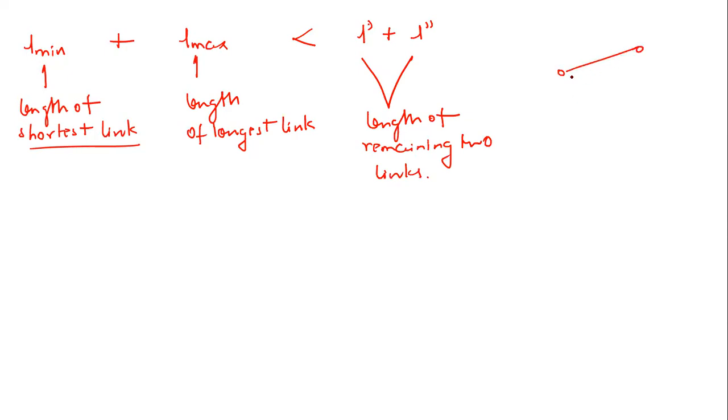You can very easily see here, let's say this is your situation. This is your shortest link L min, and this is your longest link L max, and these are your L prime and L double prime. If a 4-bar chain satisfies this criteria, that chain will be called a Grashoff's kinematic chain.